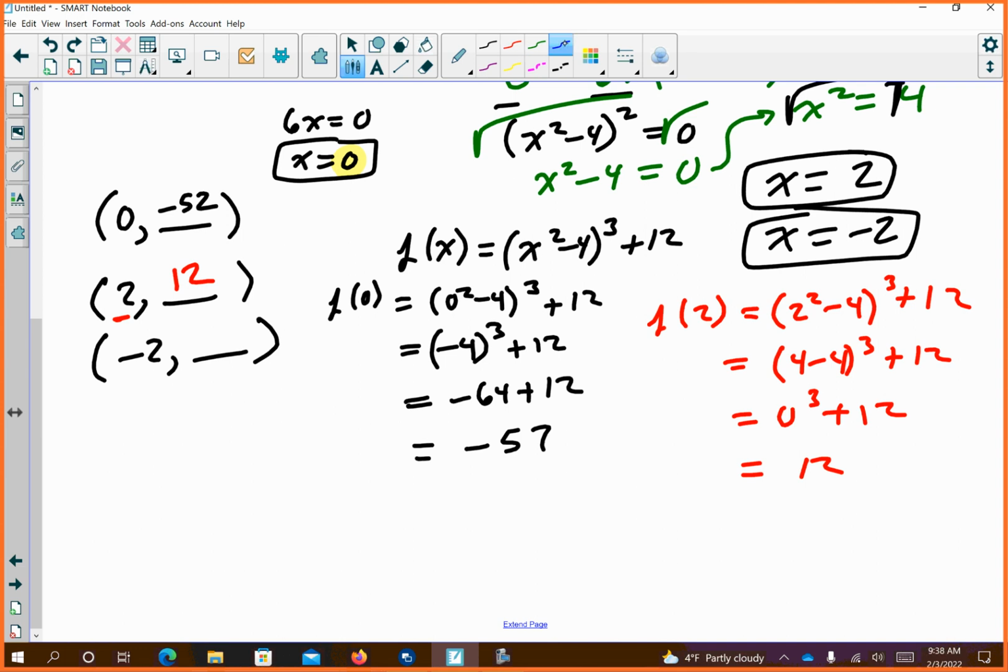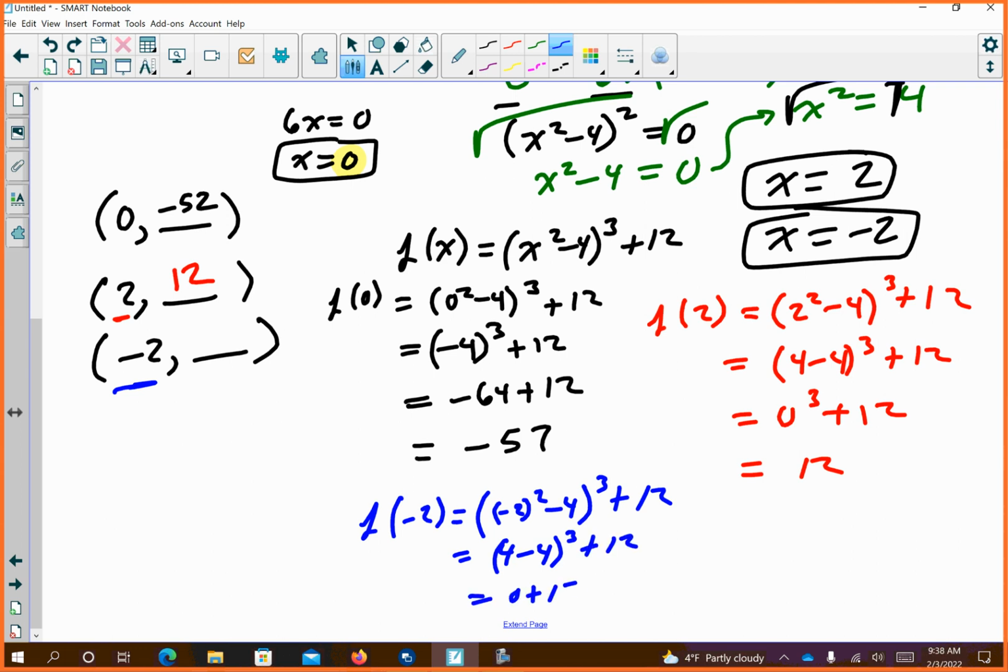And then you might see this, but just in case you don't, I'm going to plug in f at negative 2 as well. So I'm going to get negative 2 squared minus 4 to the third plus 12, which gives me 4 minus 4 to the third plus 12. So that gives me 0 plus 12.